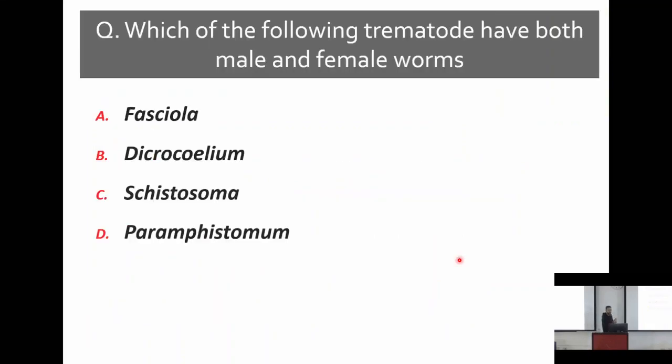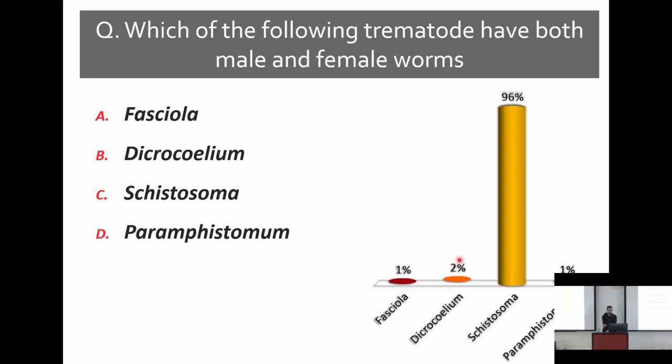Which of the following trematodes has both female and male worms? Great, schistosoma.